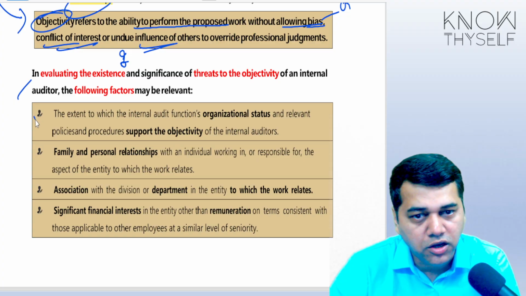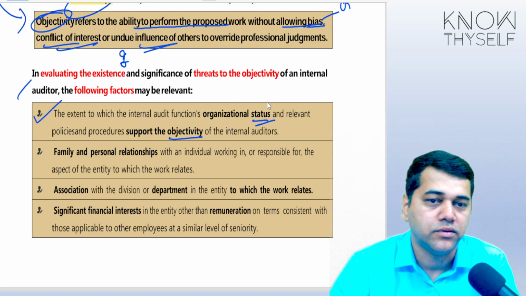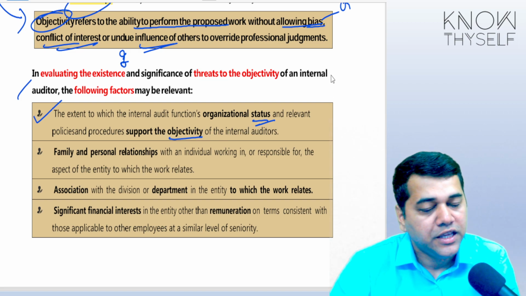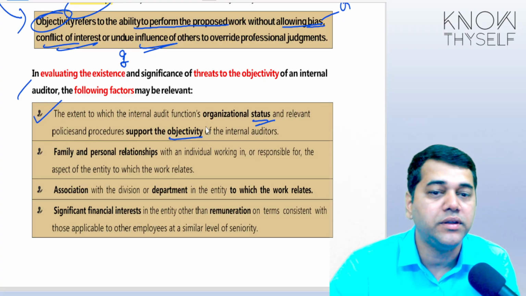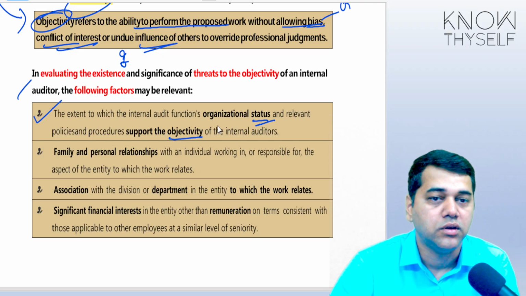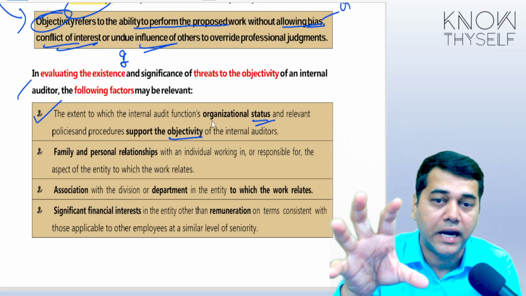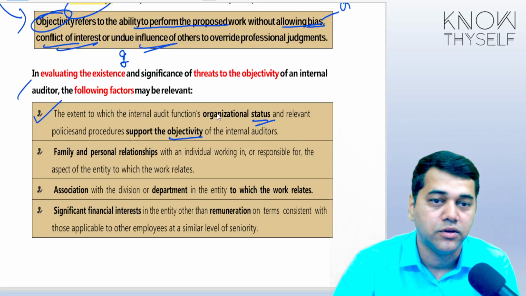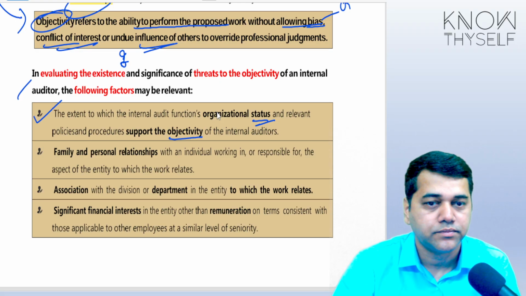First, you need to check the organizational status and policies and procedures on objectivity. If the internal auditors are placed below the audit committee, yes, you can say that they will be more objective, because the head of the internal auditors is objective since they report to the audit committee. The audit committee takes care of their appointment.